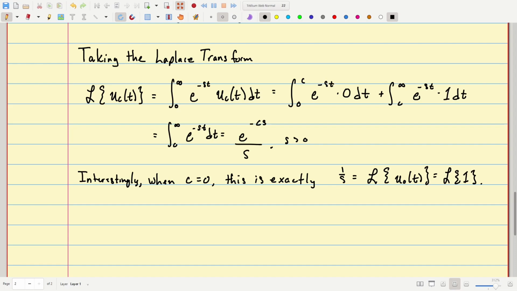Okay. If we plug in c equals 0, we get e to the 0 over s. E to the 0 is 1.